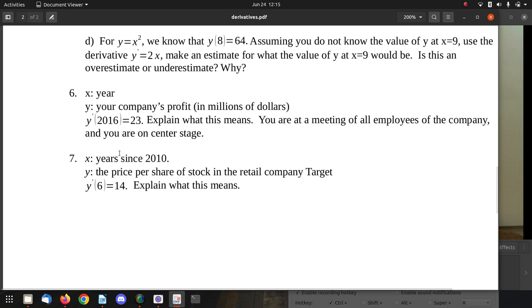Okay, here again, years since 2010, x, price per stock, y. y prime of 6 equals 14. So don't just say slope here. Slope's not enough. What we're asking now is, since there are actually dimensions or units to x and y here, what we're actually asking you is to explain the meaning of what the slope means in this case from the units given.